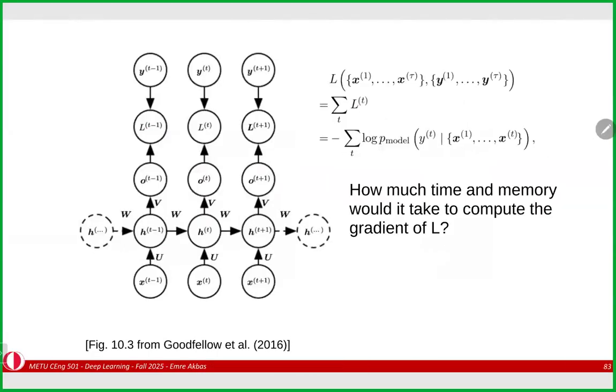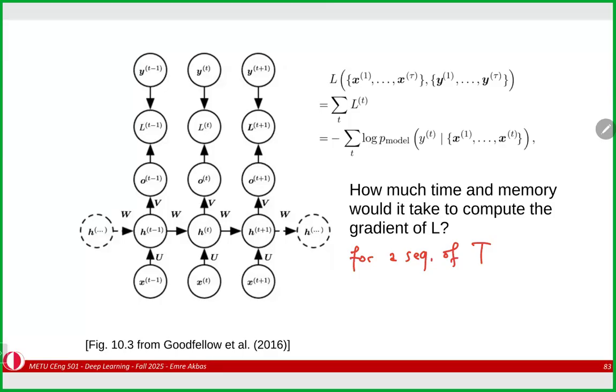Let's say we did the backpropagation through time, and now the question is how much time and memory would it take to compute the gradient of L? Any ideas? I'm asking about the time complexity of backpropagation through time. If you have a sequence of length capital T, how much time would it take to compute the gradient of L?